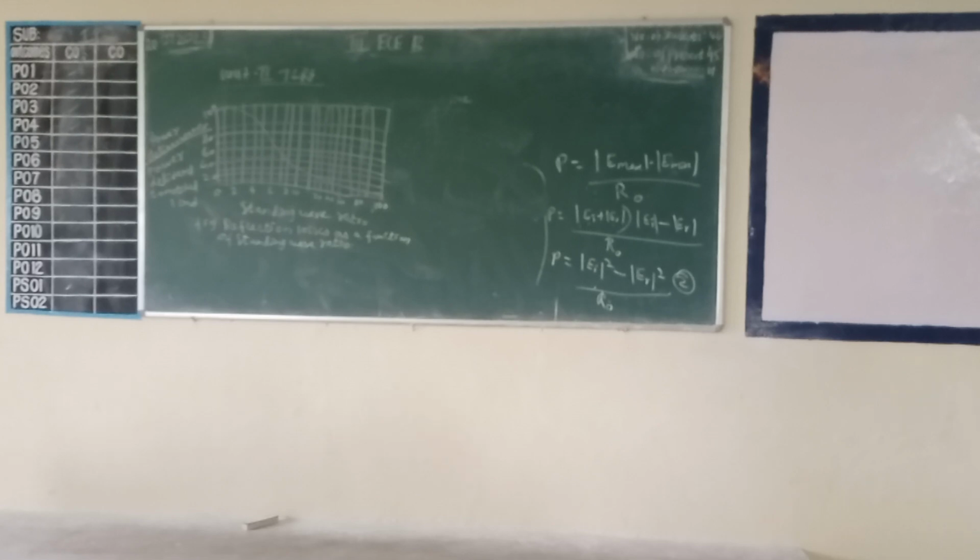E maximum, E minimum, standing wave ratio S is equal to E maximum by E minimum. We write the power as E maximum into E minimum by R naught. You just substitute the values and plot the graph of standing wave ratio versus the power delivered. So this is reflection loss in terms of standing wave ratio. Then write two lines of theory and one more equation.